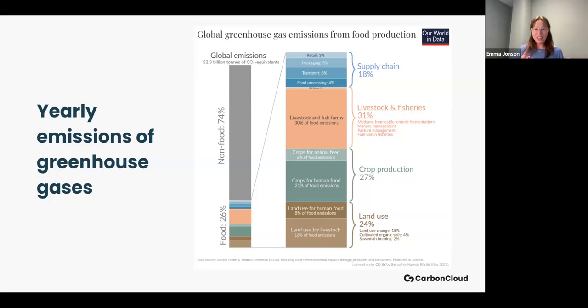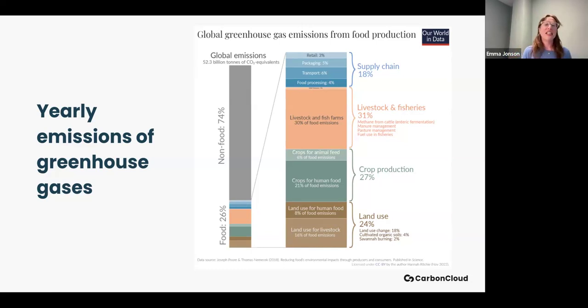This figure gives a little breakdown of the different components of emissions in the food production sector. Starting at the bottom, the brown parts that are called land use here in the figure, we call land use change. That comes from when one type of land use is converted to another.